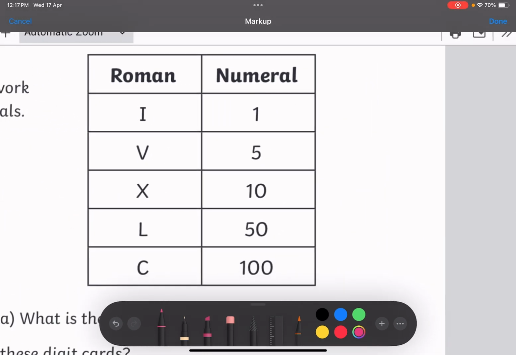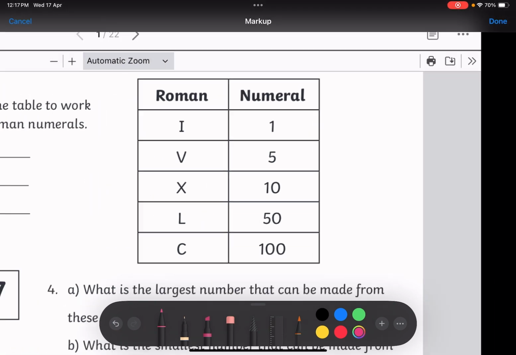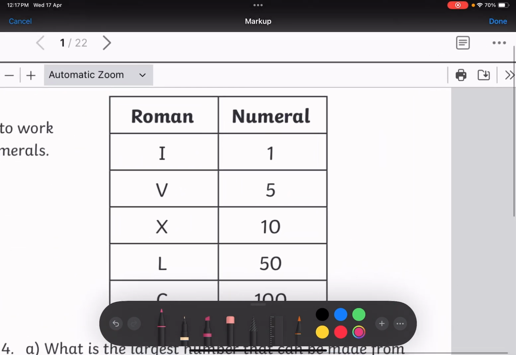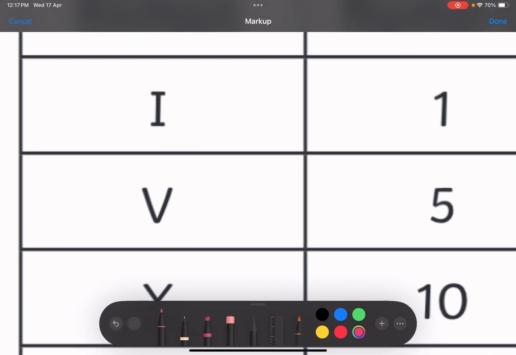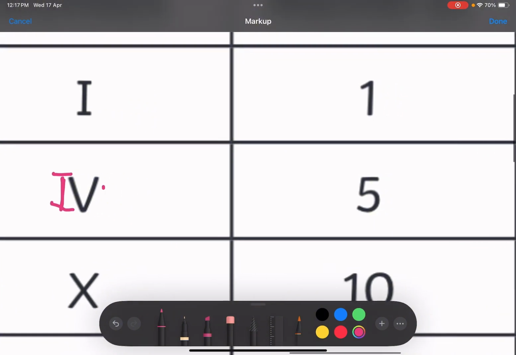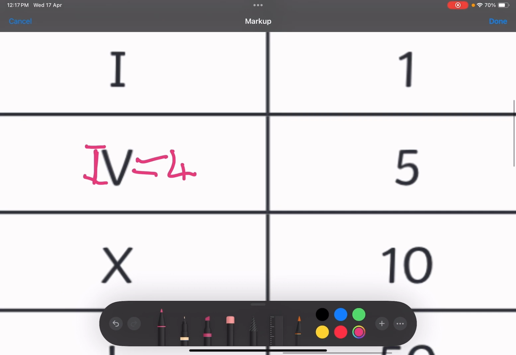So now I'm going to teach you next level Roman numerals. If there are two I's, you know it's 2, and then 3 I's. Until 3 I's, you can't do 4 I's. So you do IV, because 5 take away 1 is 4. So IV equals 4, and then V equals 5.